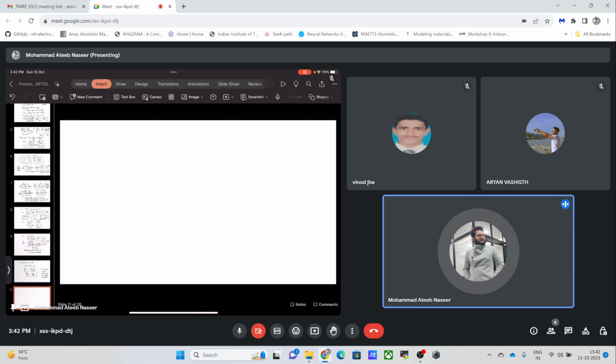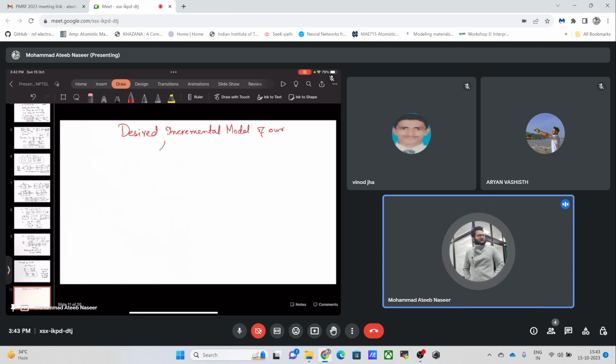So ideally our desired incremental model of our amplifier should be like this. This should be the vs, the small signal in the input that we are giving.